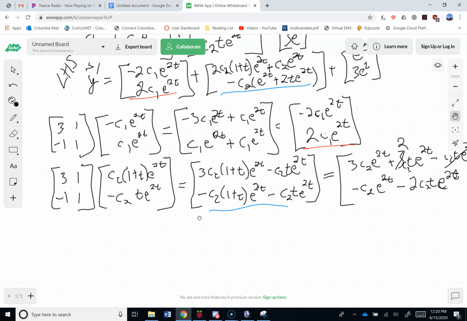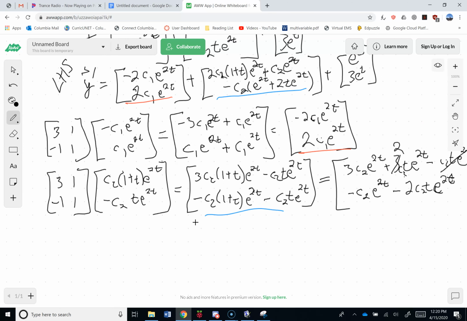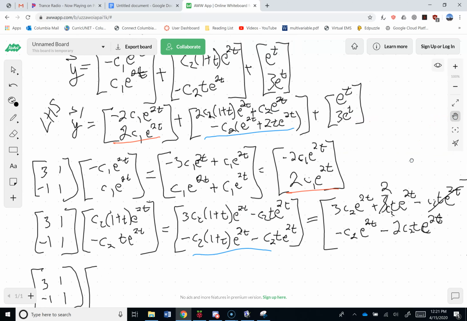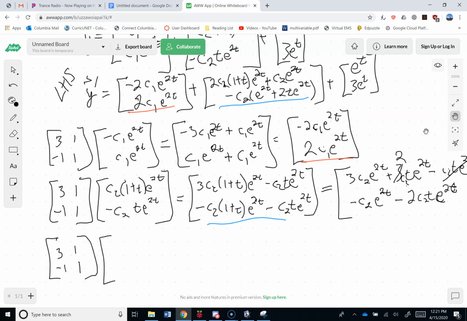Okay, and then the last thing I needed here is to check 3, 1, minus 1, 1 multiplied by, what is that? Oh, just e to the t times e to the t and 3 e to the t.